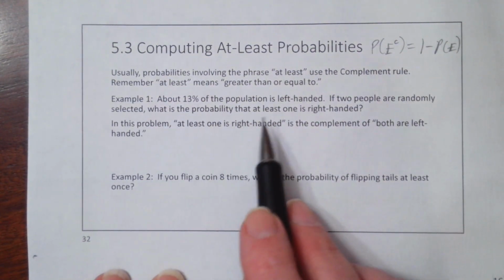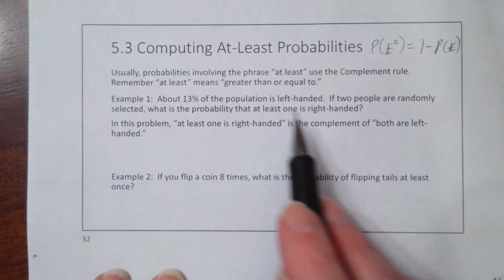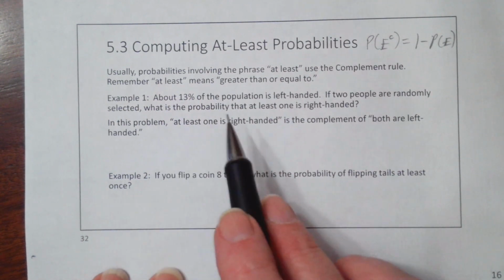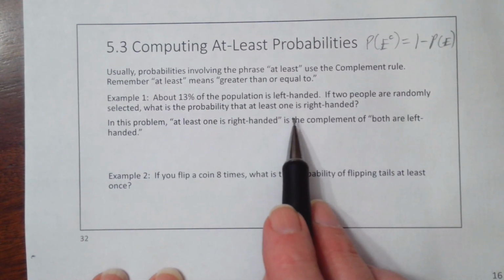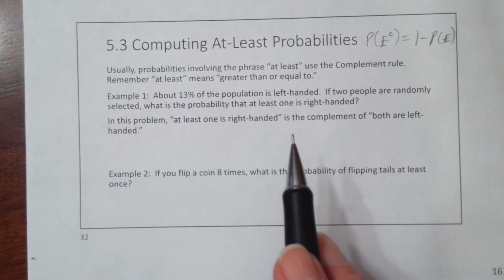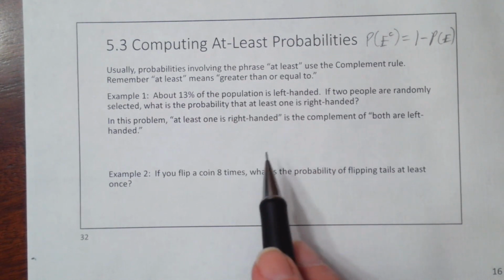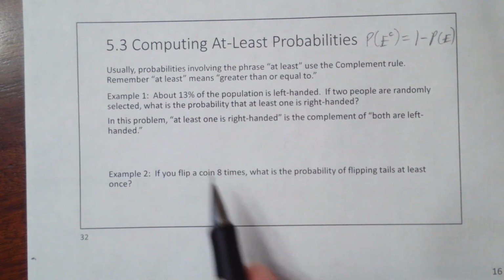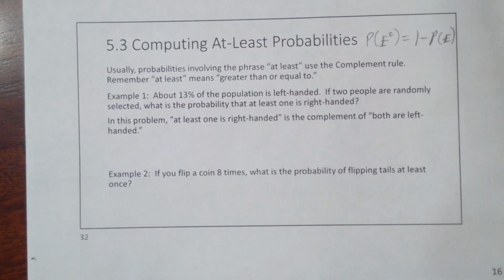About 13% of the population is left-handed. If 2 people are randomly selected, what is the probability that at least one is right-handed? And I'm going to go back to what we were doing on the other worksheet because this problem is there.